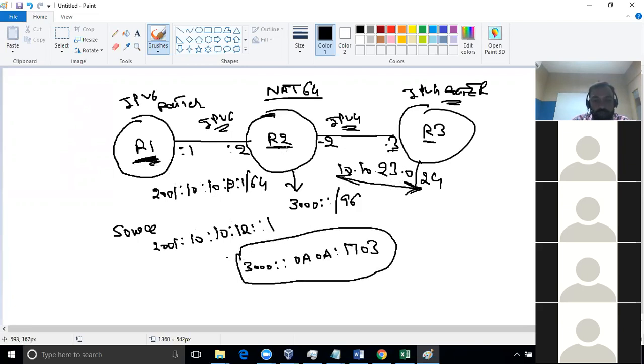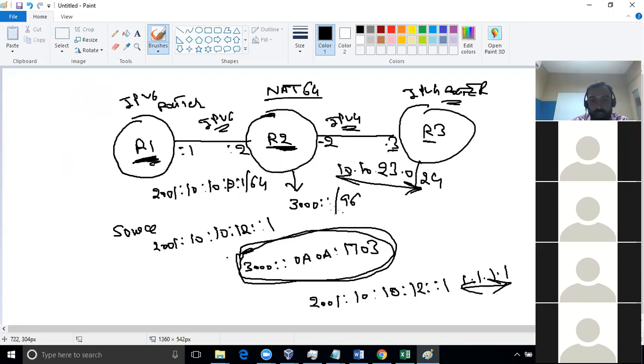Router 2 receives this traffic, so then it needs to change this destination with the next source. So then you need to do the mapping in router 2, which is the NAT router. So we'll say that if traffic is coming from 2010:10.12::1, translate this into the source address, let's say 1.1.1.1.